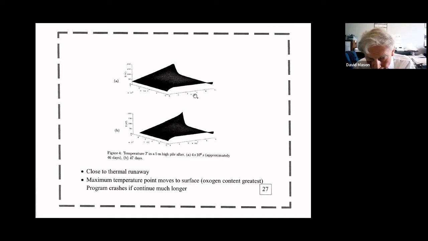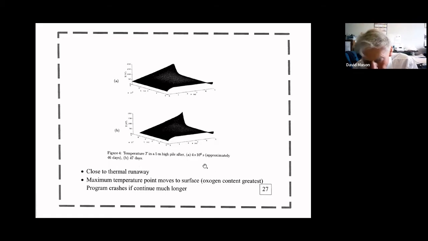If you've got this 5-meter pile, then the temperature increases slowly, and then it starts to increase. And here we've got thermal runaway after another day.